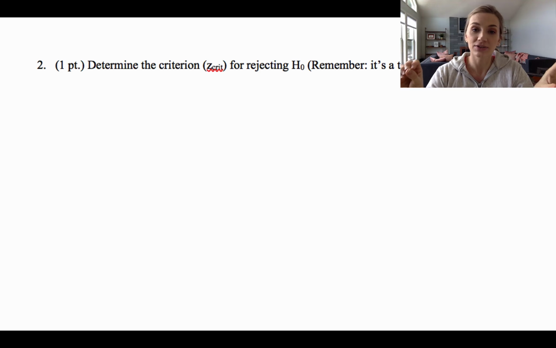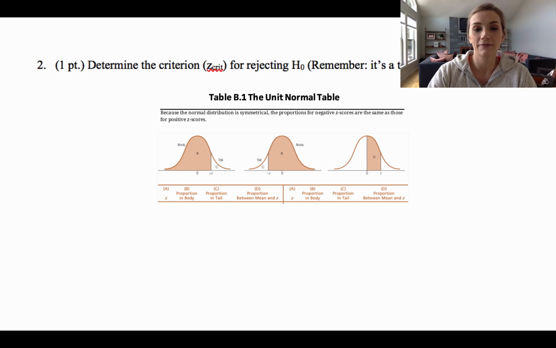So when you cut 5% in half, you get 2.5% in the left tail and 2.5% in the right tail. And so in each tail, we're looking for the critical value associated with 0.025.